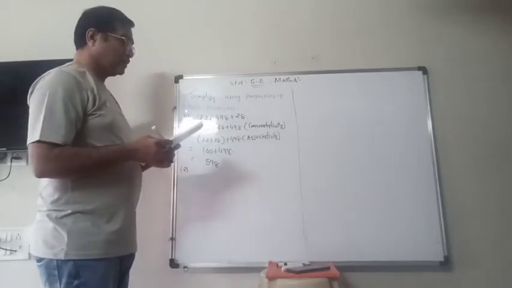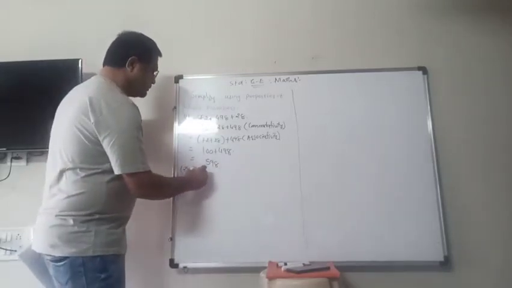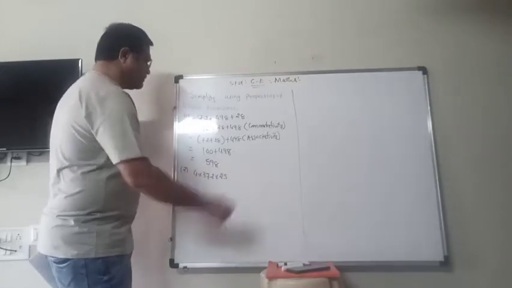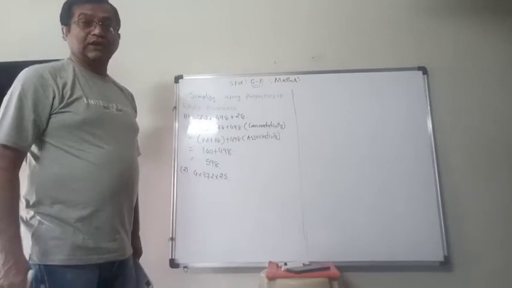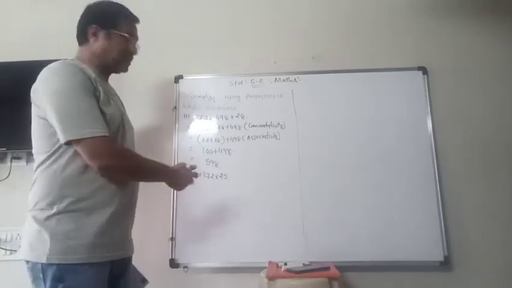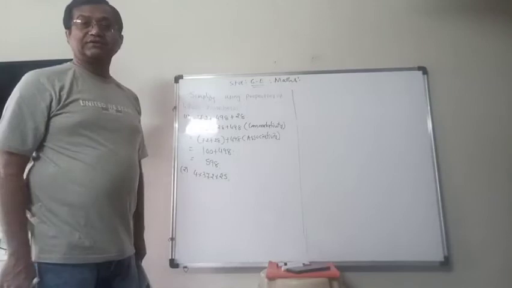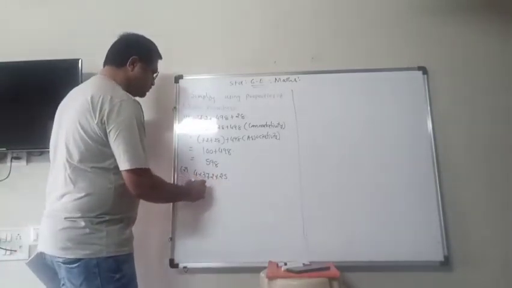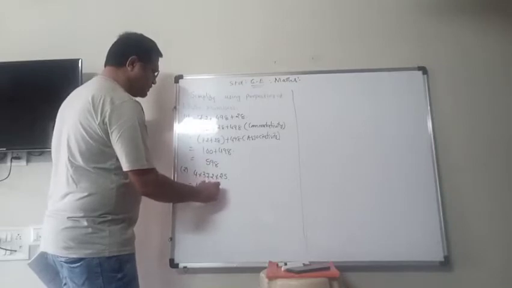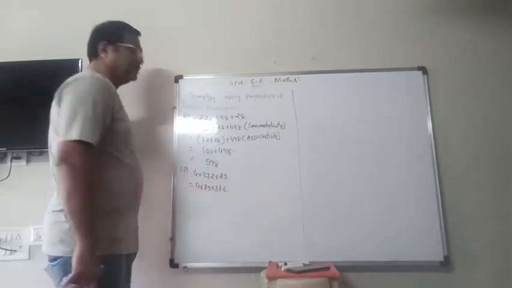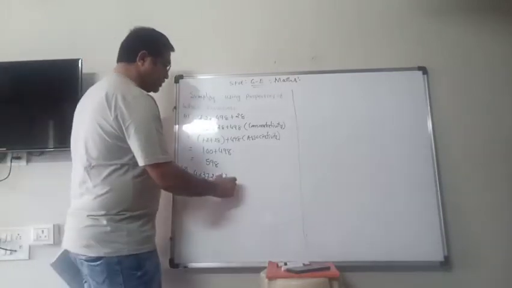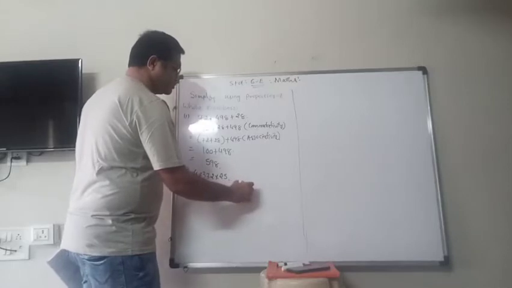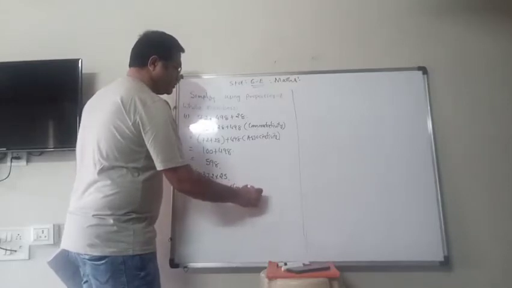Second, 4 multiplied by 372 multiplied by 25. Now at a glance you can see that 25 fours are 100, right? So 25 will be coming here. So 4 multiplied by 25 multiplied by 372. Here also we use commutativity or commutative property.